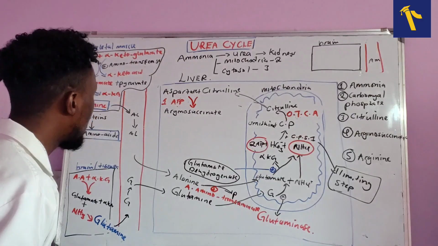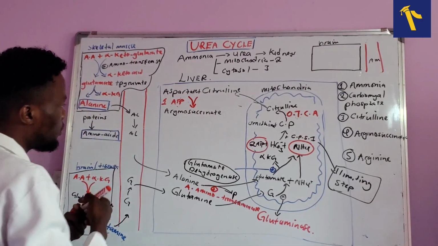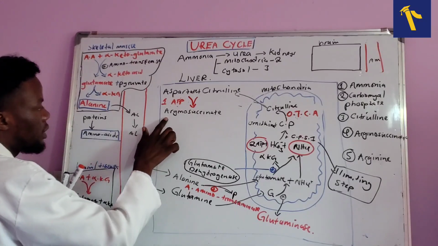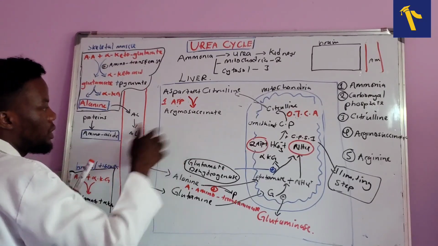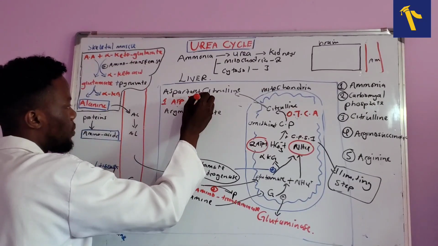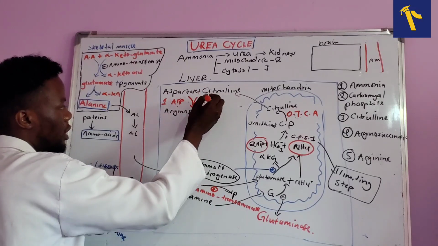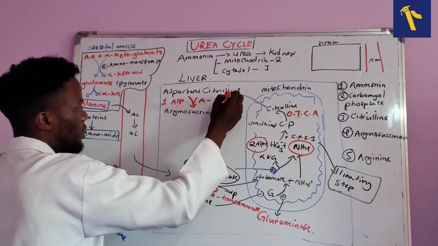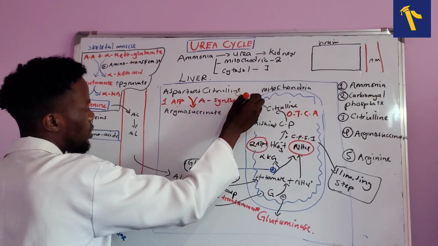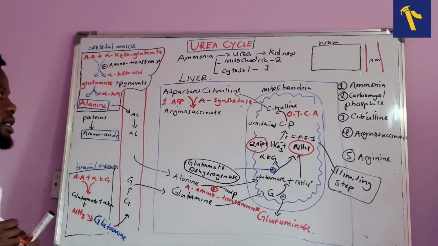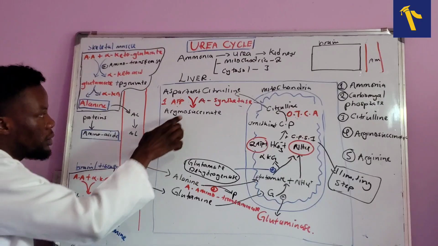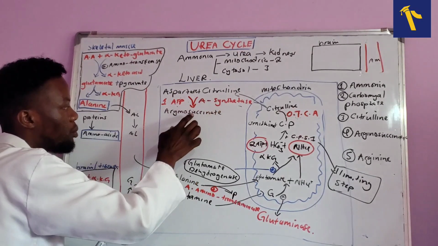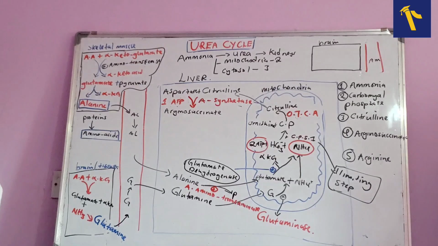This enzyme is what we call argininosuccinate synthetase. Argininosuccinate synthetase is the one that will use 1 ATP and combine aspartate with citrulline to produce argininosuccinate.